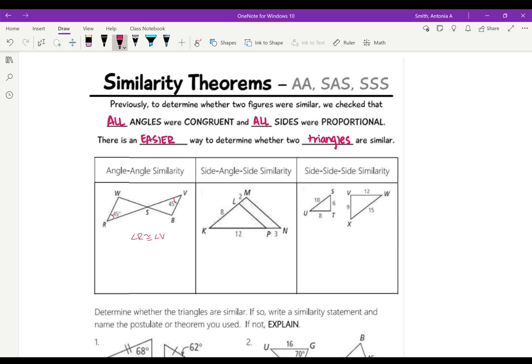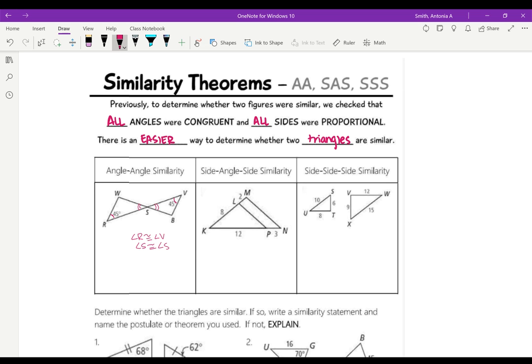But also, we don't know anything about angles W and B, but we do know something about these two in the middle, right? These two triangles are nose to nose. Okay. So we created a pair of vertical angles when we set them up like this. So angle S is shared by both of these triangles, which means that angle S is congruent to angle S.